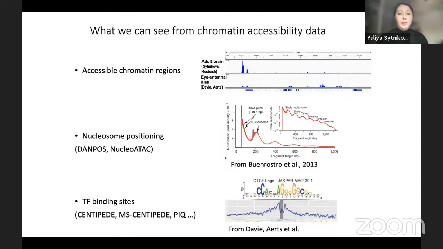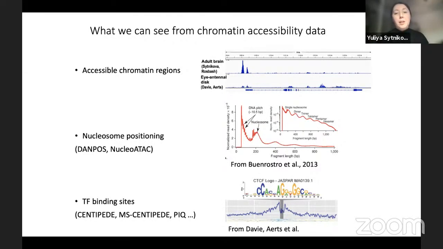Once you look at the size distribution of fragments coming from methods like DNase-seq and ATAC, you could see a kind of phasing of lengths with increased frequency of lengths which correspond to mono-, di-, and trinucleosomes.